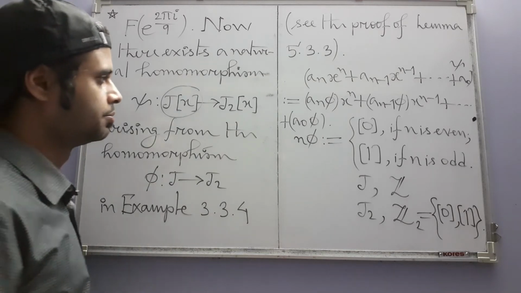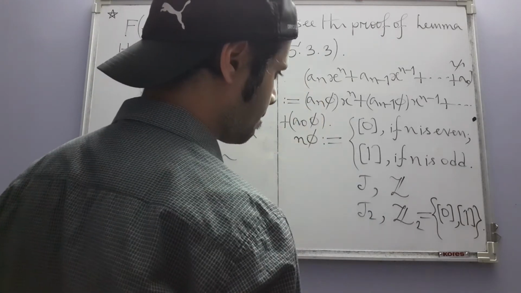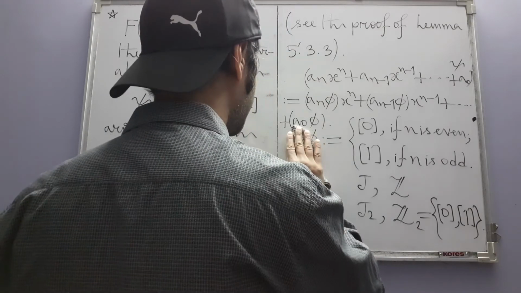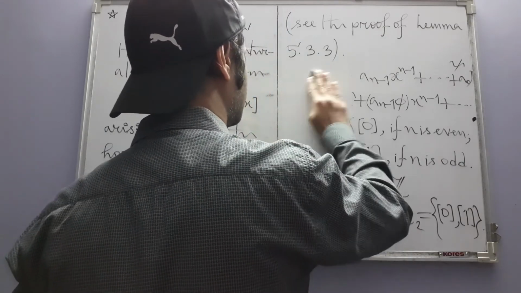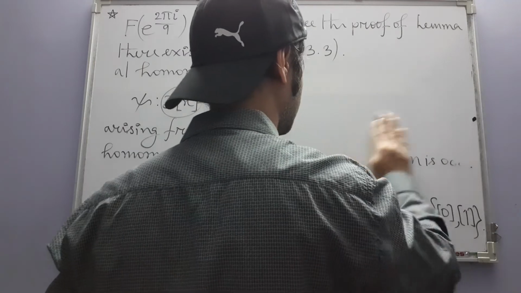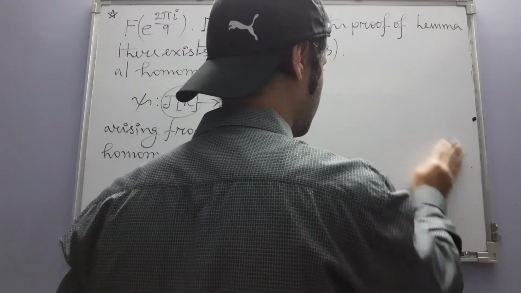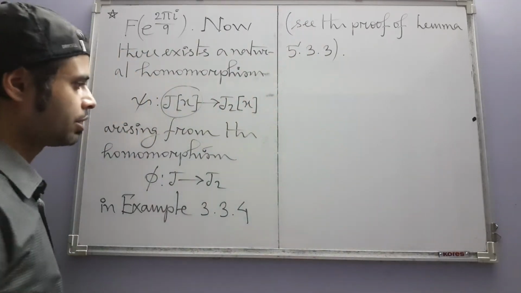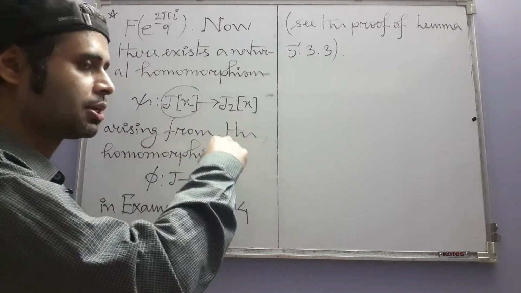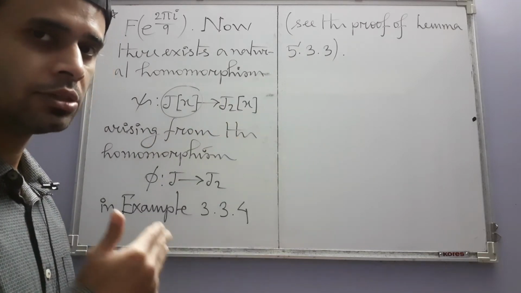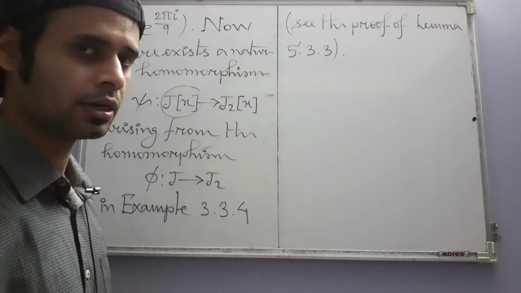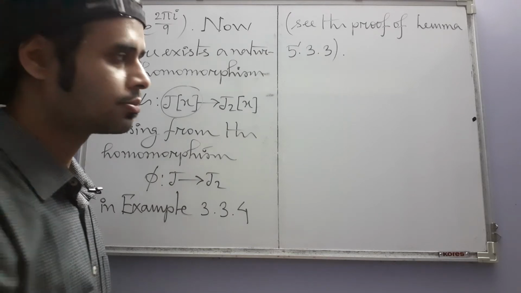But now what? This is just pretty straightforward stuff. Now our aim is to show that our polynomial x to the power 6 plus x cube plus 1 is irreducible over the field of rational numbers. Say it is not.